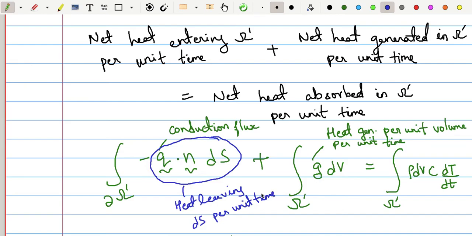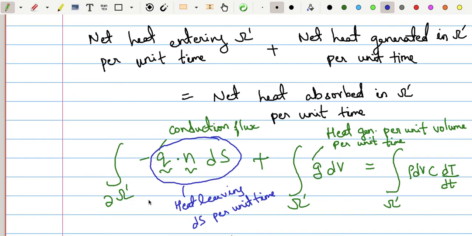Now if I want heat entering, then what do you do? You put a minus sign. Minus q dot n ds is the heat entering omega prime per unit time for area element ds. If I want total heat entering, then I take the area integral, or I do the integral over d omega prime.